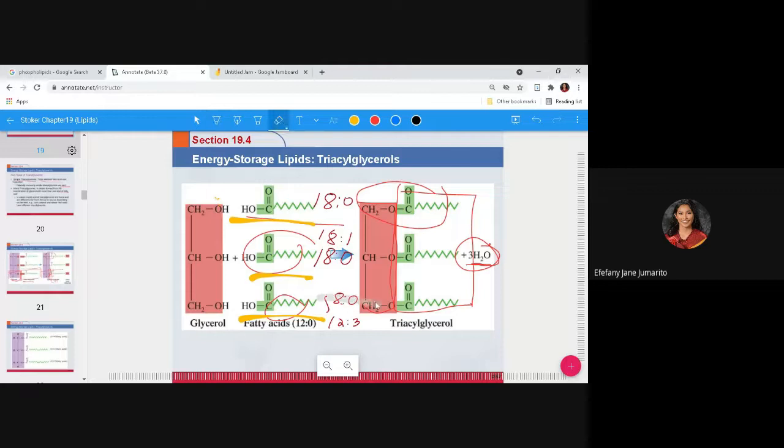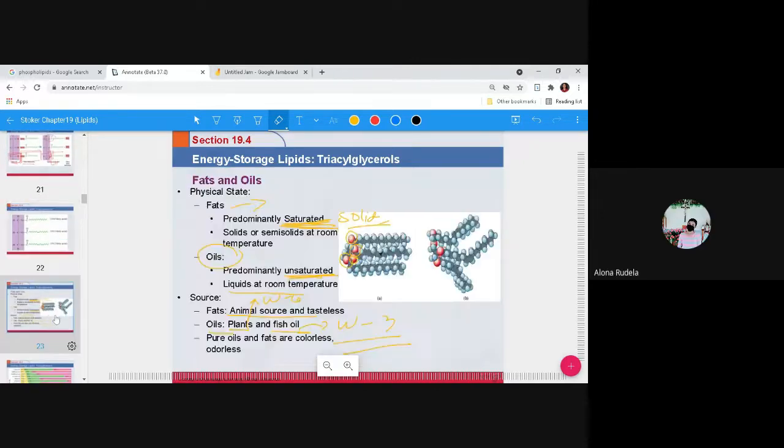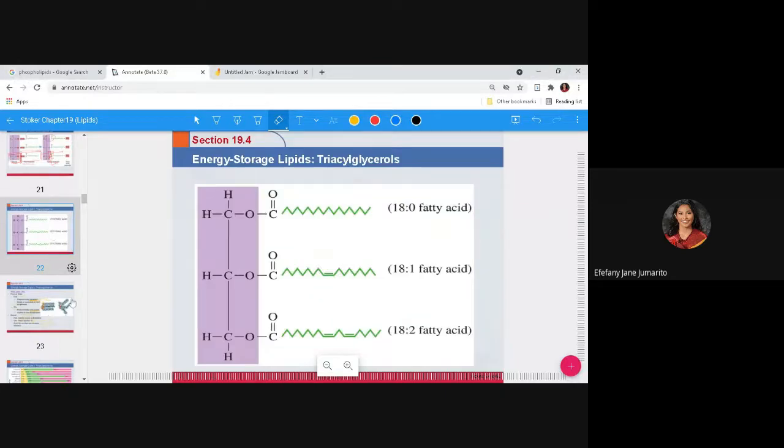Can it? Not possible, ma'am? Okay, so fatty acids in a triacylglycerol could be different. It could be anything. We have homo and then hetero. So with this triacylglycerol, look at the fatty acids. Are they the same?